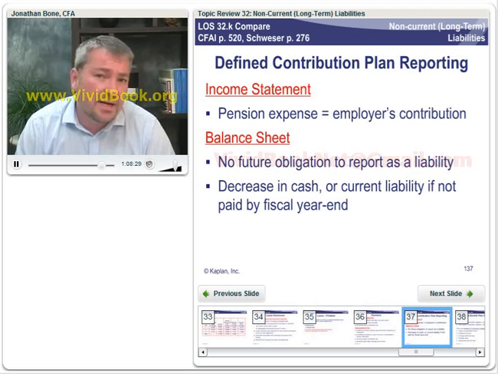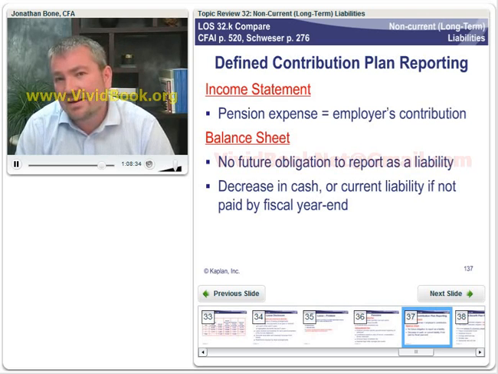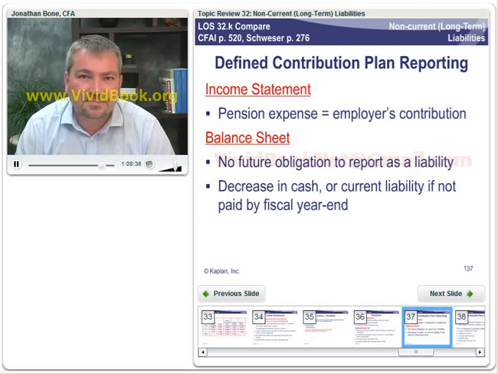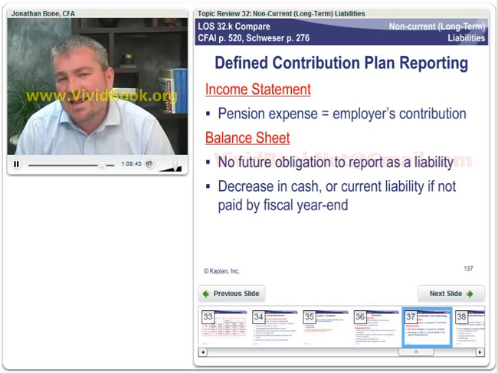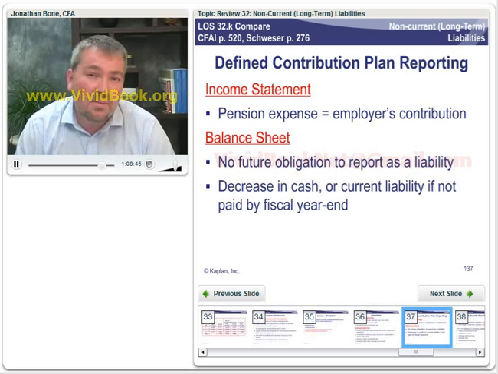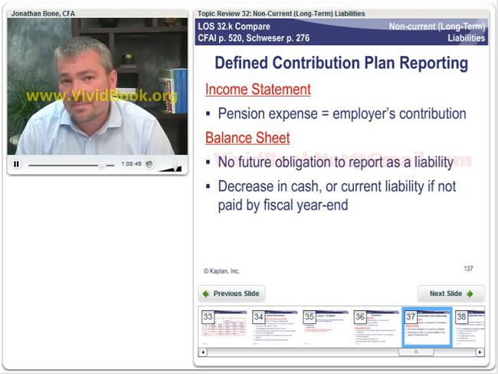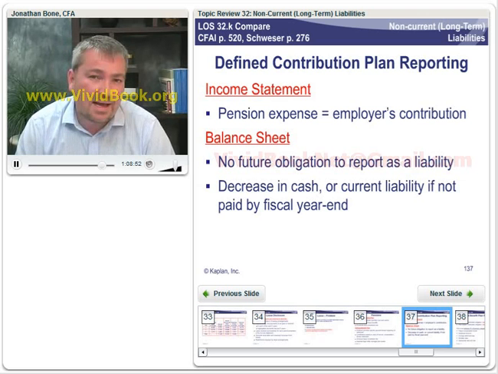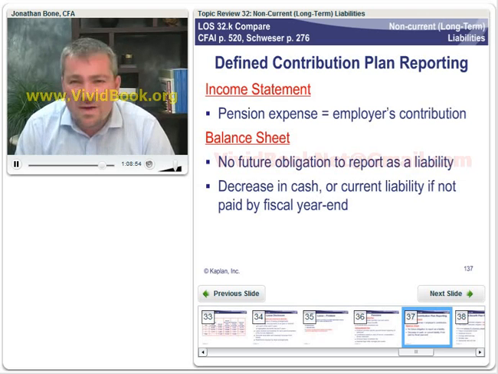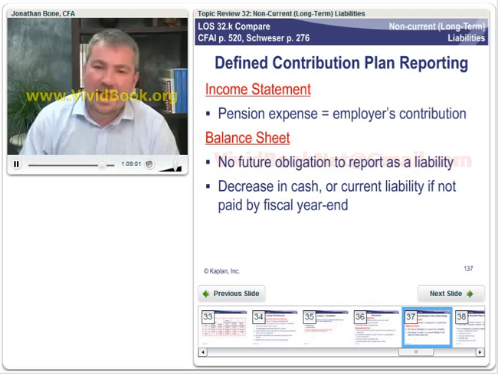So if they've agreed to pay 10% of your salary into your plan, then 10% will go through their income statement. In the balance sheet, well, typically we shouldn't see any asset or liability because they're not making an obligation to make payments to you based on your retirement. So we shouldn't see any asset or liability. The only time we might see a liability is if they were due to make the contribution into your plan but hadn't done so at the year end.